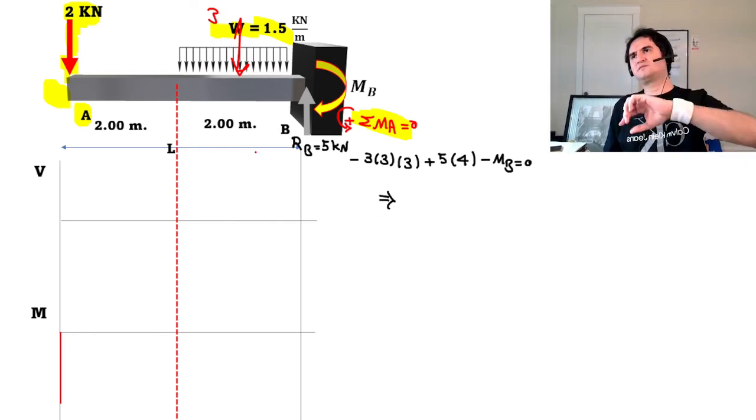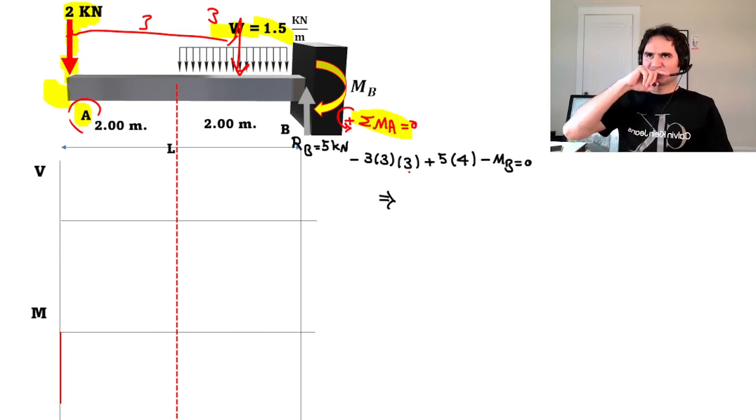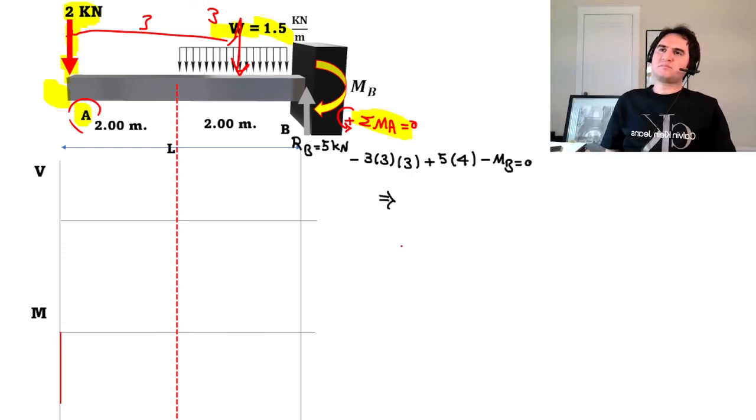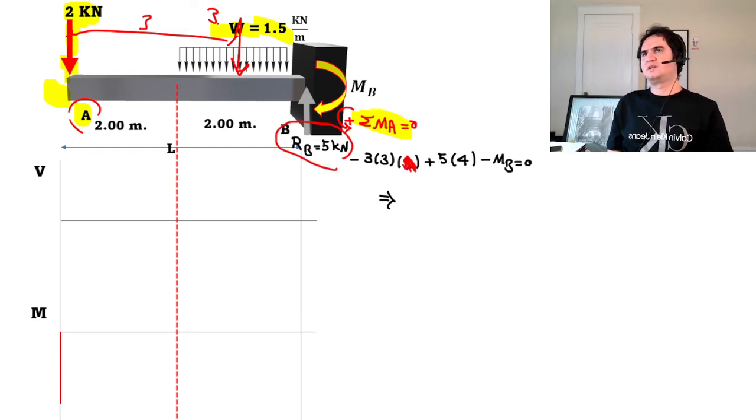Counterclockwise is positive, so about point A, that's 3 times a distance of 3, plus 5 times the total length, which is RB. RB should cancel out the effect of the distributed and the concentrated loads, which is 5.